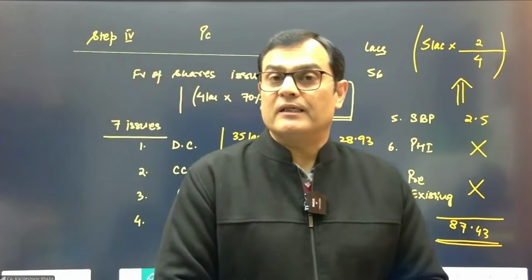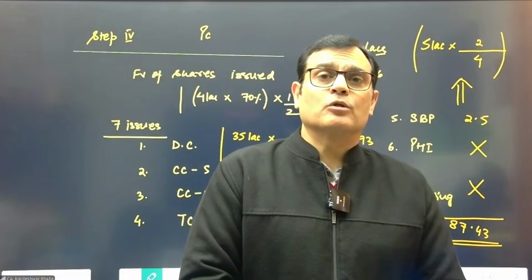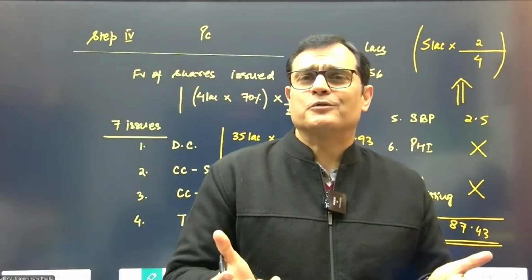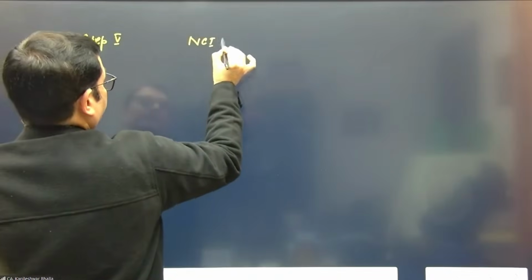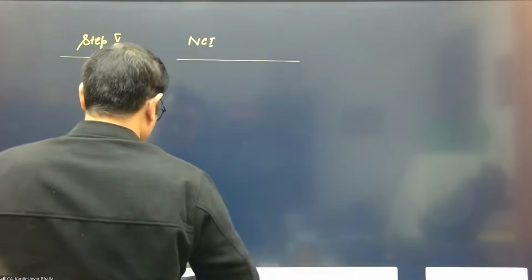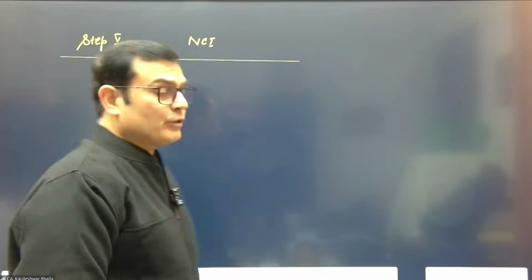Now we go to step number 5, NCI, step number 6, goodwill, and then it's just an acquisition entry. So let's go to step number 5. When you're calculating the NCI, we need to consider the NCI either at fair value or at PASNA. In the entire input in the question, nowhere is there any fair value of the NCI given.